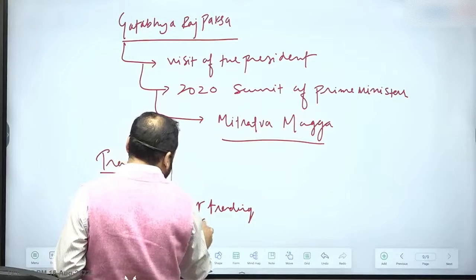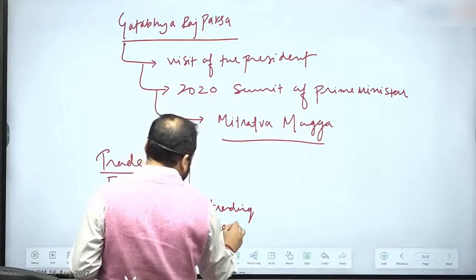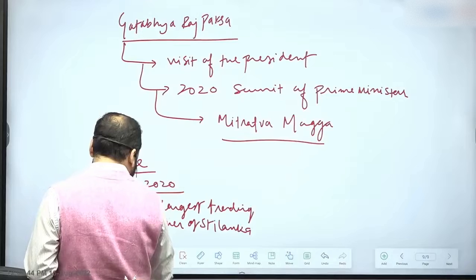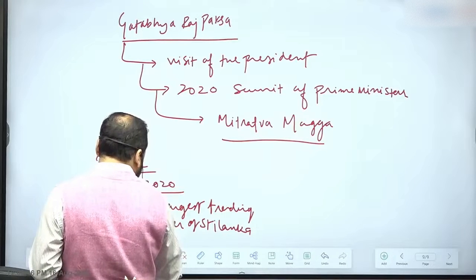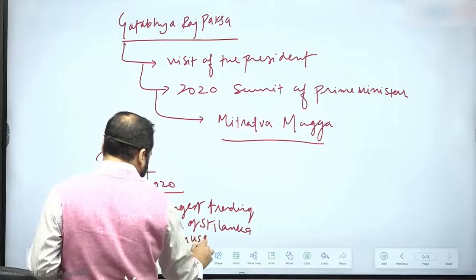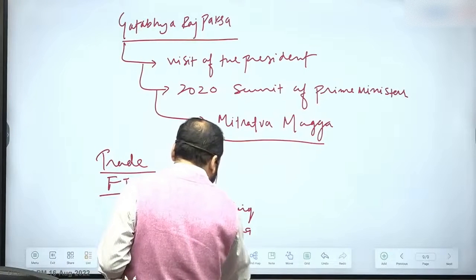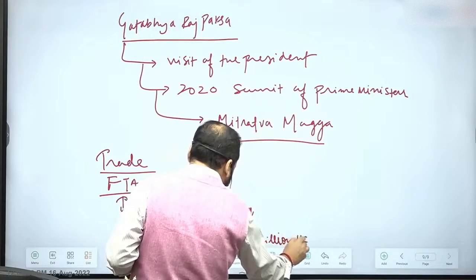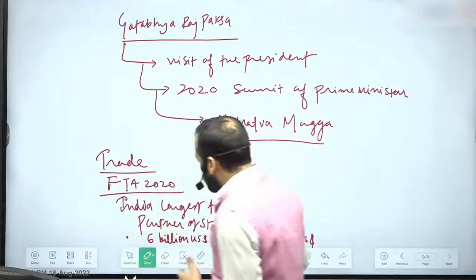In 2021-22 you find trade to be more than 6 billion US dollars. India's FDI in Sri Lanka is around 2 billion US dollars. So this has been the focus in the relation.